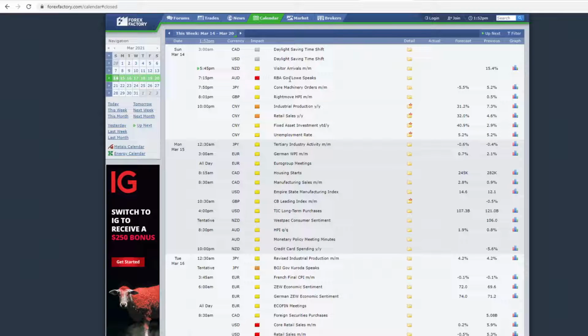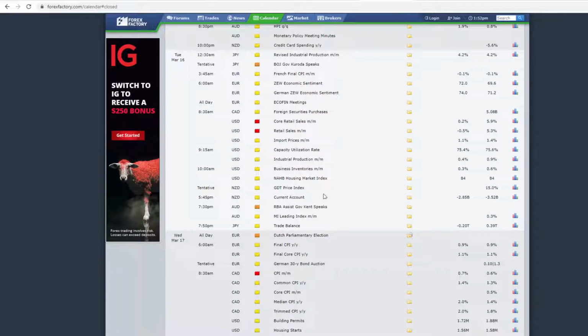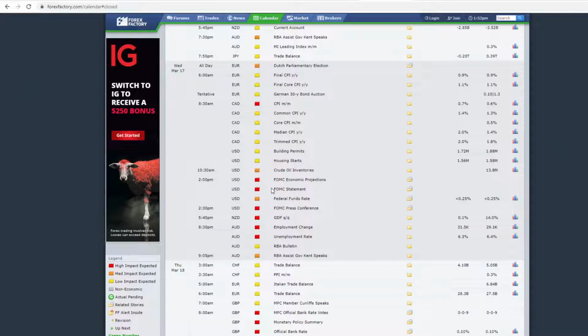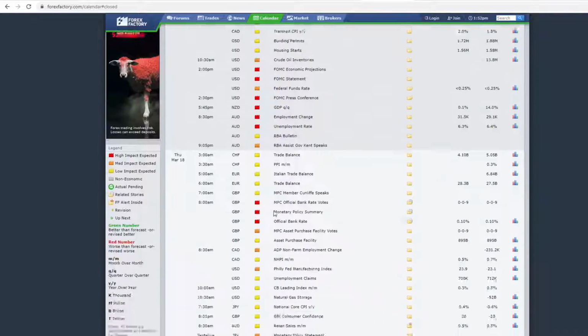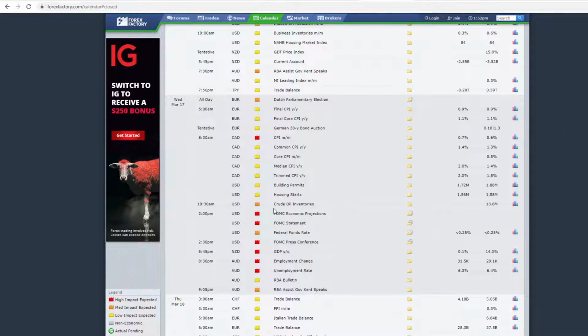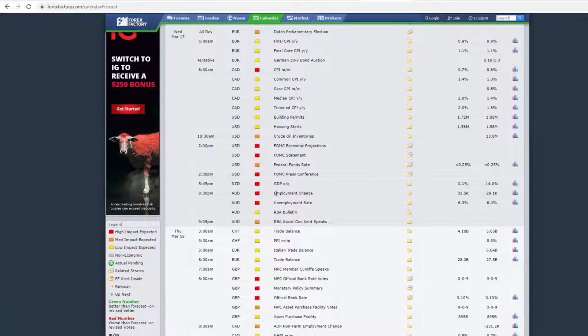But because it is a speech on Sunday, right after market open for Aussie dollar, chances are it's not going to have too much of an impact. Other than that, we have interest rates on Thursday for the British pound, and employment and unemployment on Wednesday for the Aussie dollar. Those are basically our main events this week for this pair.